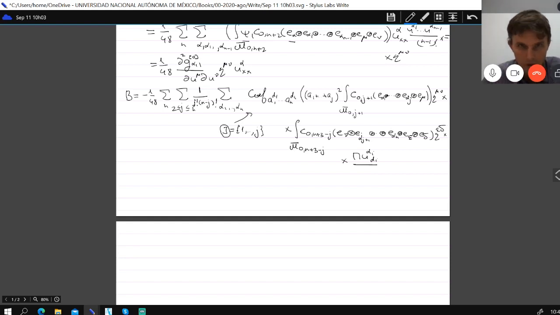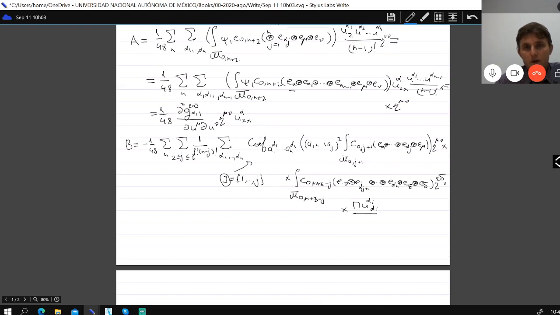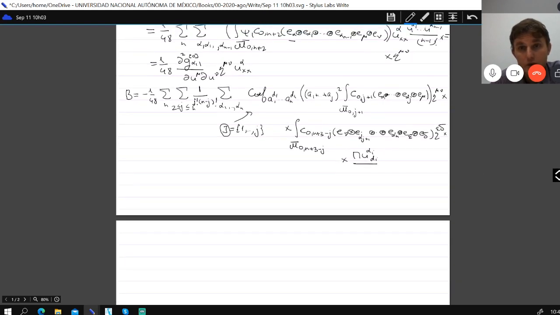Then what we wanted was to split this sum. Why? Because we want to take the coefficient of a1 to the power d1, an to the power dn of this expression.